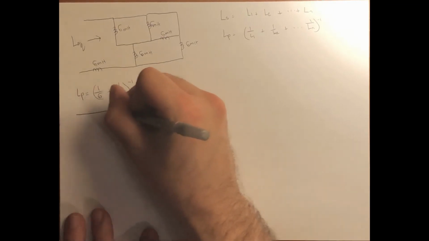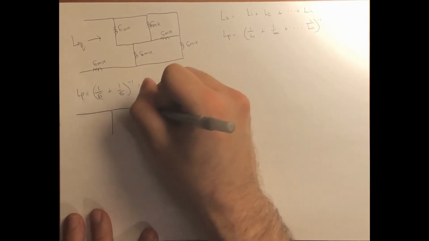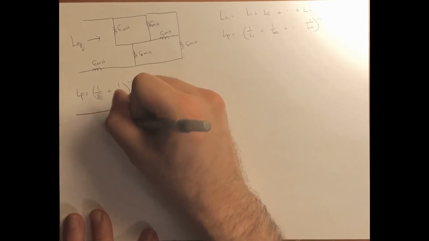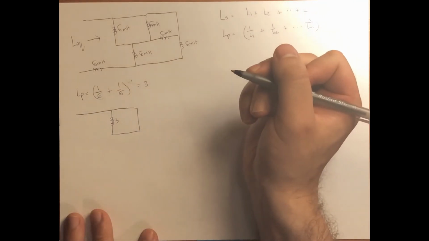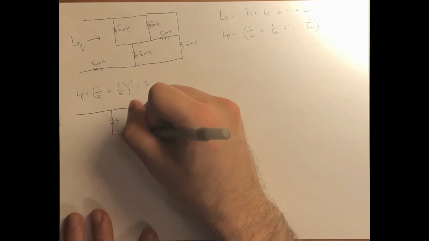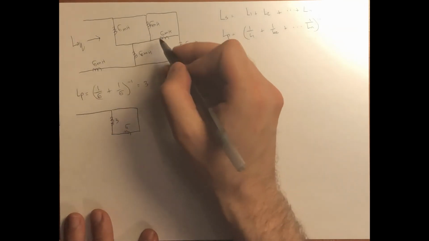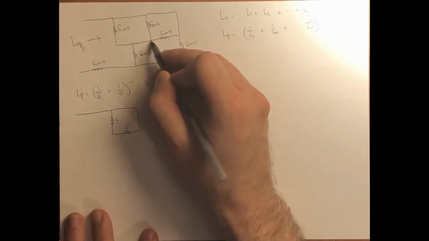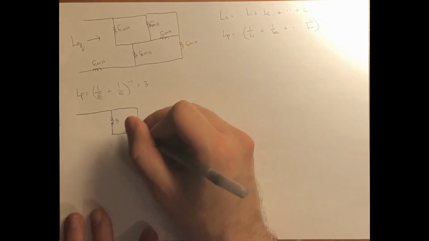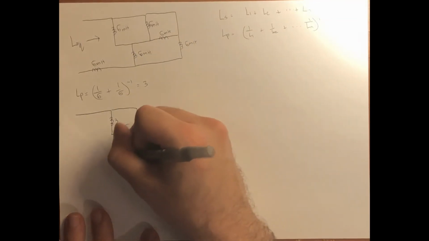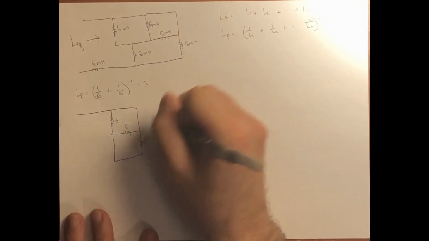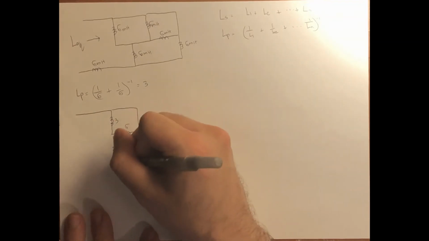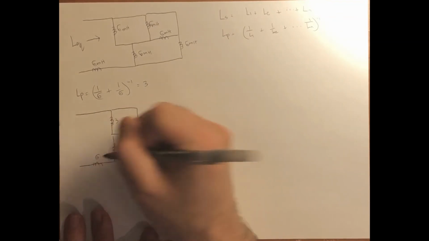It looks something like this, where we have the 3 millihenries that we just calculated. We have the 6 right across, because this is connected to this node here. We have the 6 here, 6 here, and the 6 there.